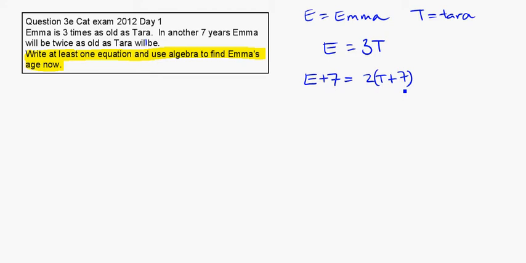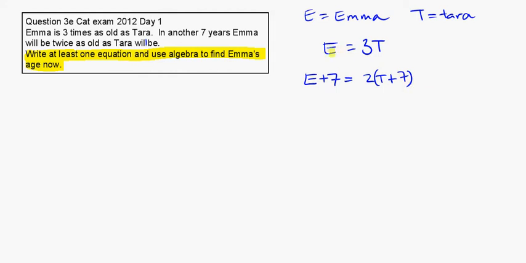Now that we've got these two equations sussed, we can use substitution again with simultaneous equations to try to figure these out. So what happens here is I've got two equations and two unknowns. I have an e and a t in the first one and an e and a t in the second one. If I can describe one of those letters in terms of the other, I can then make a substitution into the equation and have only one variable.